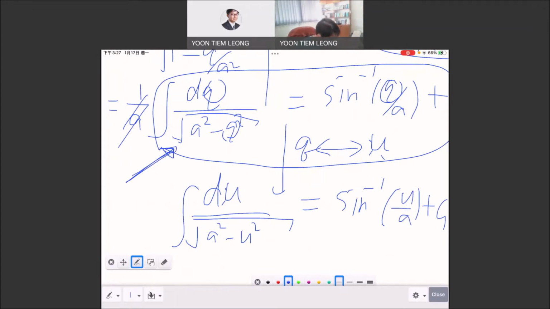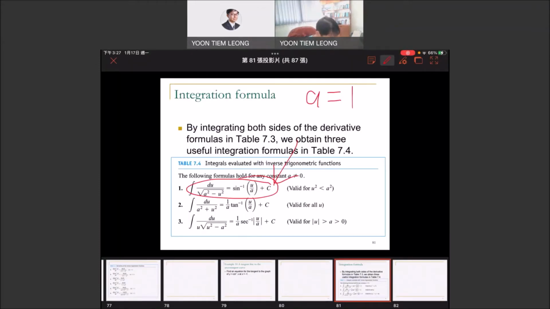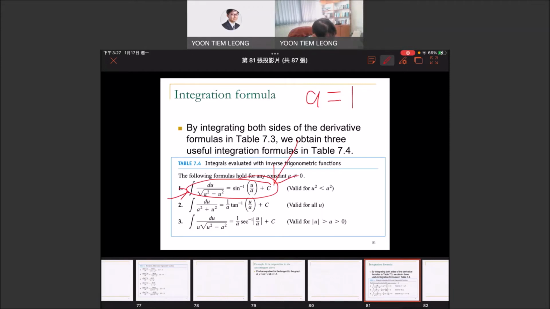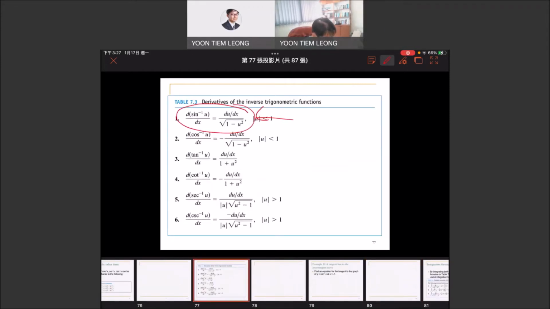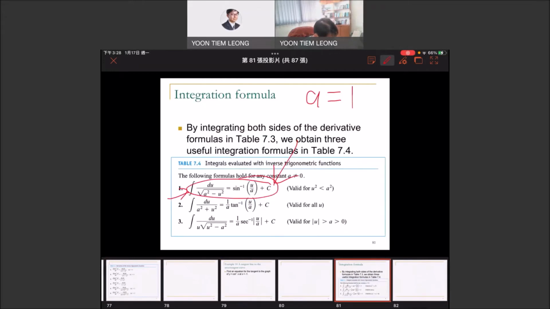Then I get this very simple formula, which is the proof of equation number 1, which is a general version of the one that has a constant a equal to 1. If the constant is not 1 but a instead, then you just have these expressions.